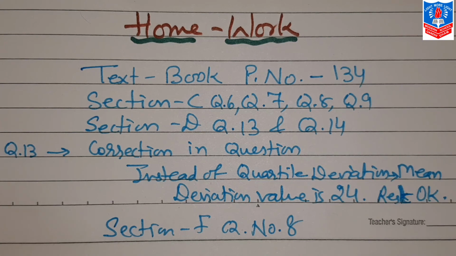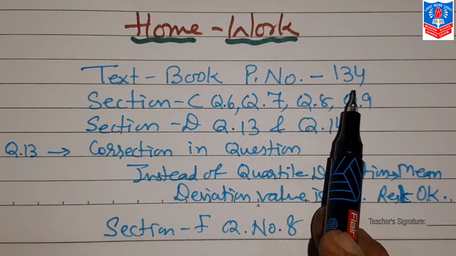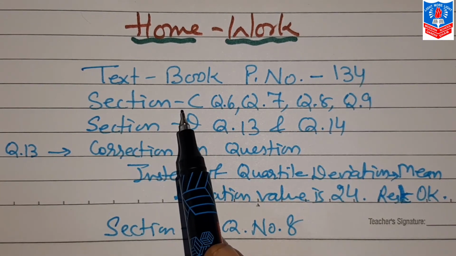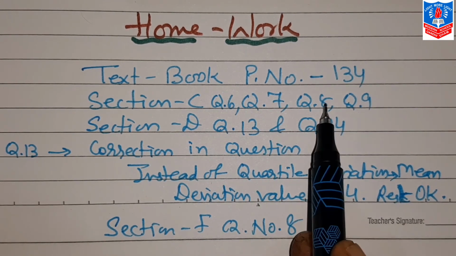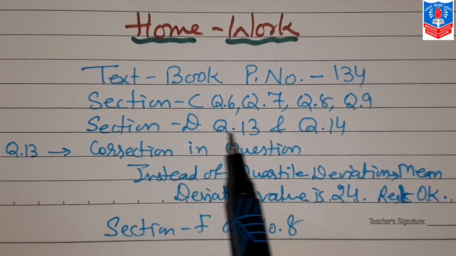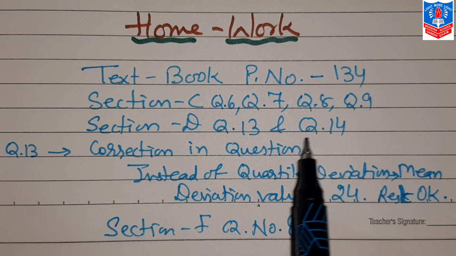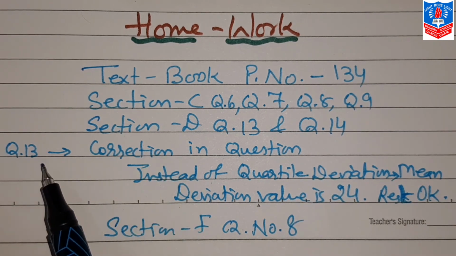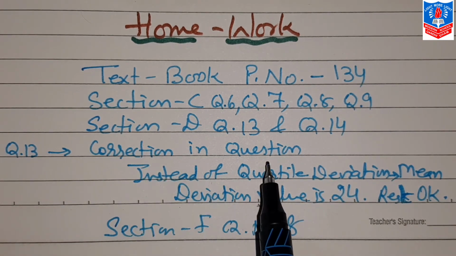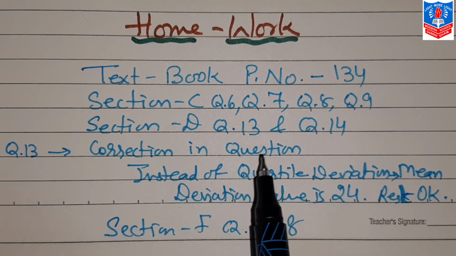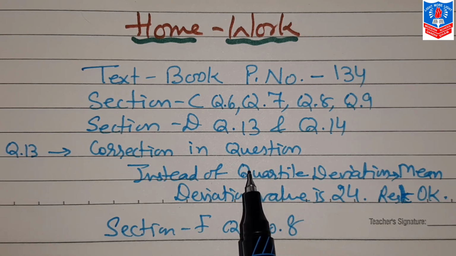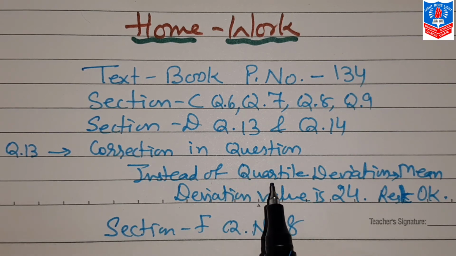Today's homework: textbook page number 134, section C, questions 6, 7, 8 and 9, section D, questions 13 and 14. But in question number 13, there is a correction in the question. So rectify it and then only solve it, otherwise you won't get the answer. And if the correction is already there in your textbook, then no problem.